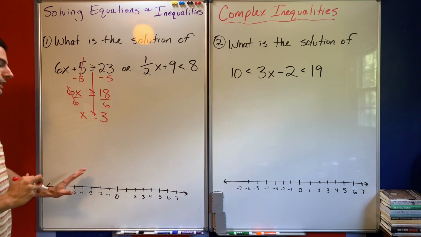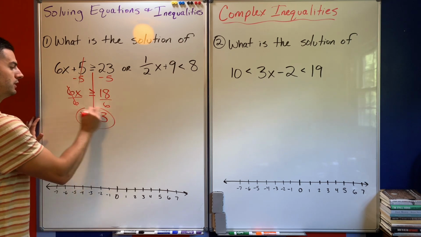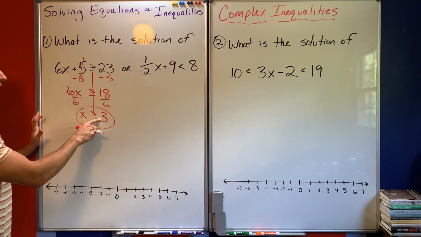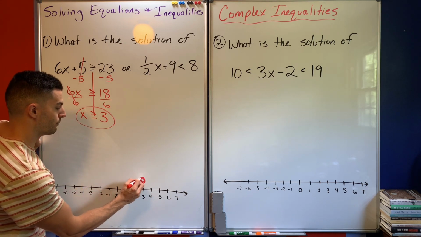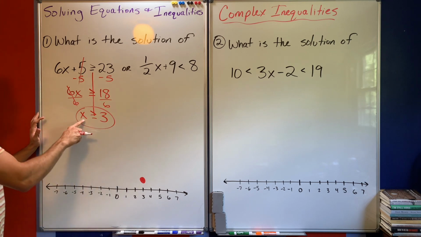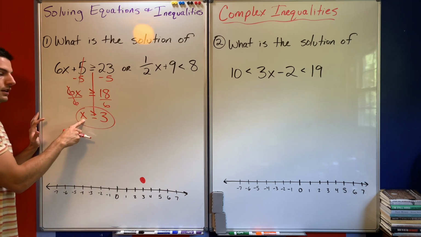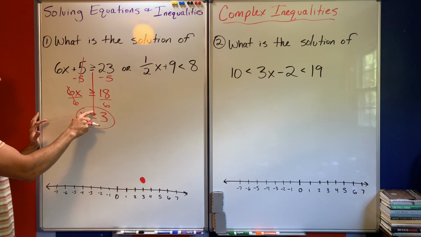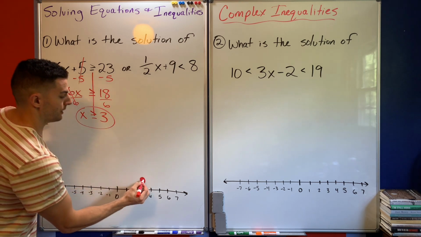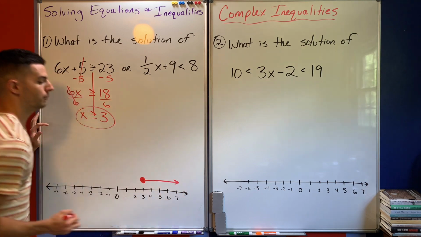Okay. And let's just graph that right now just because we got the answer. So x is greater than or equal to 3. What is that going to look like? Well, that is going to be a closed circle at positive 3. And again, when my variable is on the left side of my answer, I can follow that arrow rule and say, okay, greater than is an arrow pointing to the right. So on my number line, it's also going to be pointing to the right.